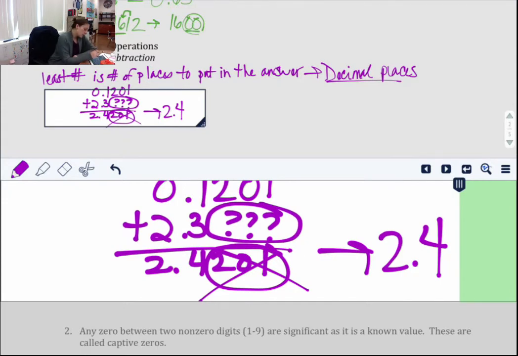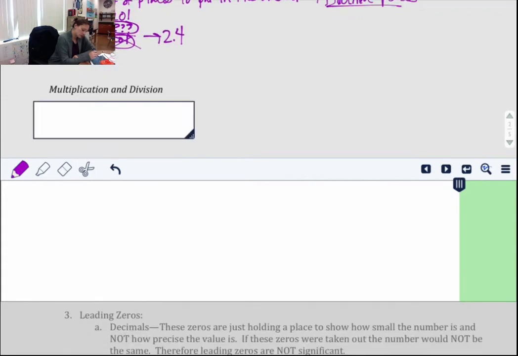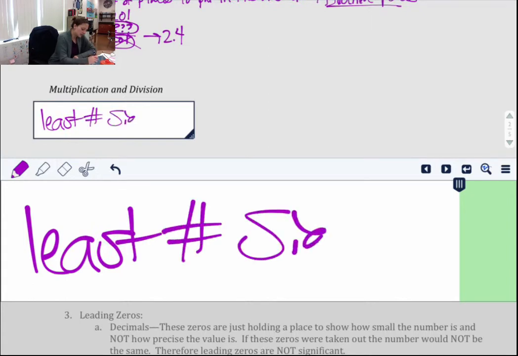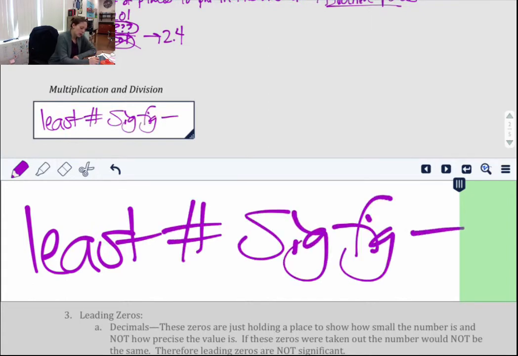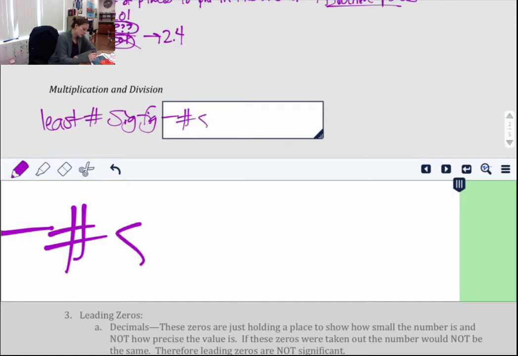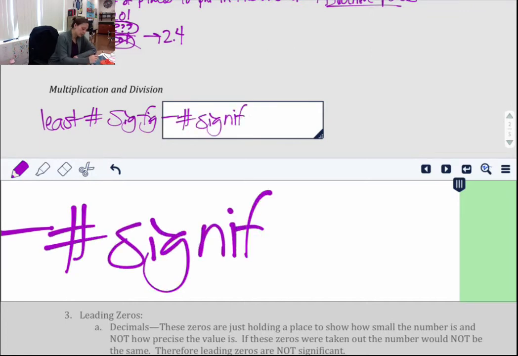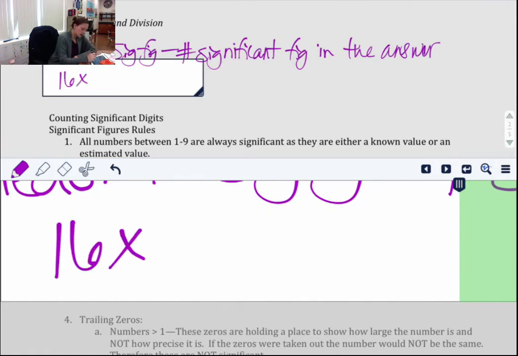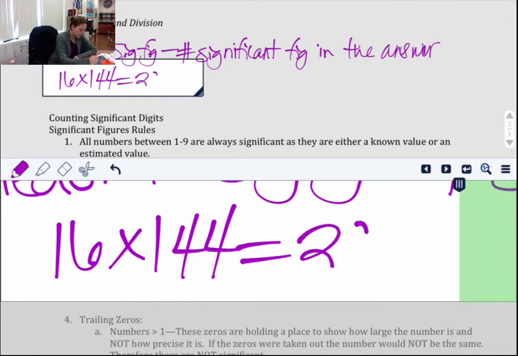For multiplication and division, here we're looking at not the least number of decimal places, but the least number of significant figures. That's how many significant figures you put in your answer. So for example, if I'm going to take 16 and multiply by 144, my calculator will tell me that it's 2,304.